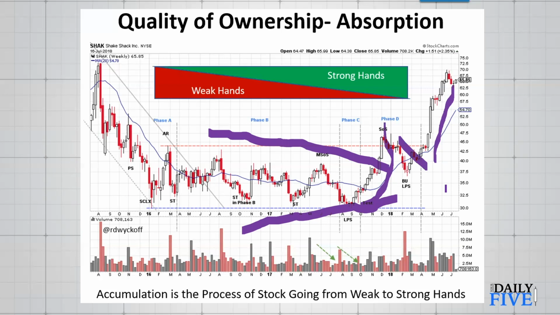This is the part about GME that I want to point out. Part of the conclusion of accumulation and what helps to propel the stock out of the accumulation area is constant demand. The same amount of demand when there's no supply left can drive a stock into a dynamic uptrend.